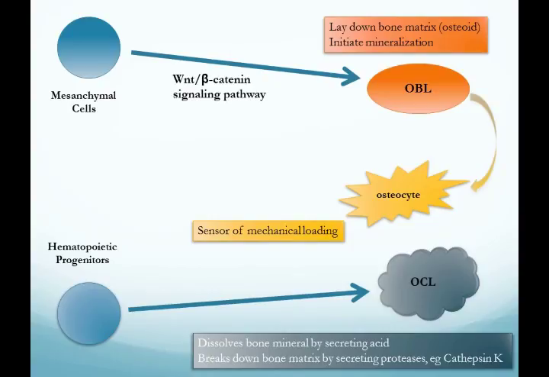Now, in clinic, we can measure the breakdown of this bone matrix, and the rate of breakdown, by measuring the products of breakdown in the blood. Essentially, when the collagen is broken down by the osteoclast, there are little pieces of protein that are released inside the blood. They are called telopeptides, and we can measure them in clinic to see what's the rate of bone breakdown.